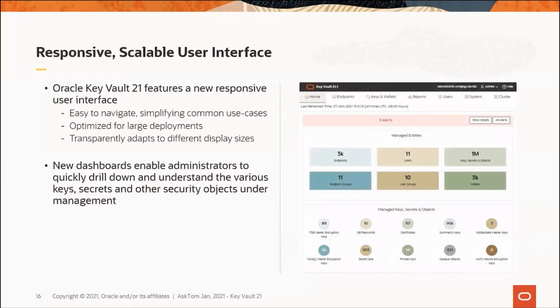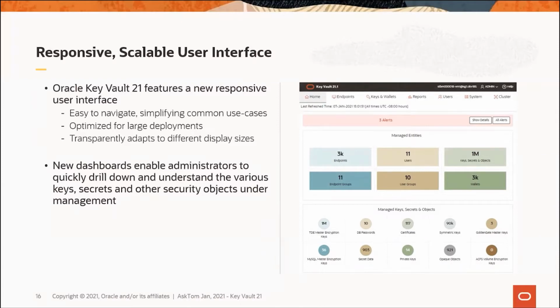On your right, you see a screenshot of the new OKV homepage, which gives you an overview of how your cluster looks. How many keys, how many secrets, how many wallets, endpoints, it's all there at first glimpse. And if you'd like to go to reports, you just click on that circle that belongs to the TDE master keys, and that takes you to the reports, and you're right there.